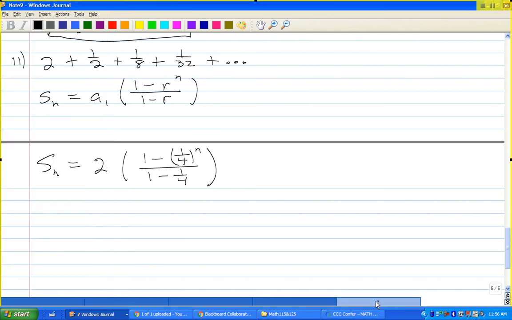Okay, so common ratio. Well, 2 times what is 1/2? 1/2 times what is 1/8? 2 times what is 8? 4. 2 times 4 is 8. Okay?